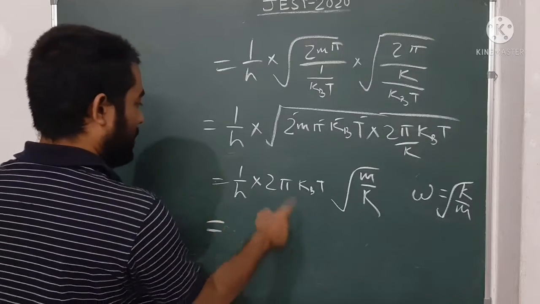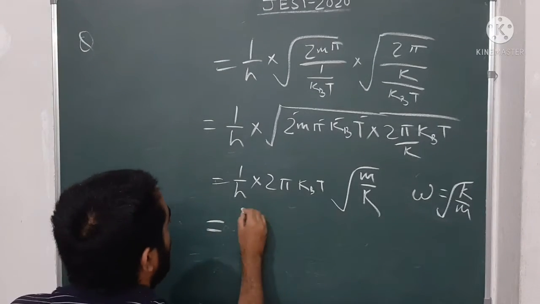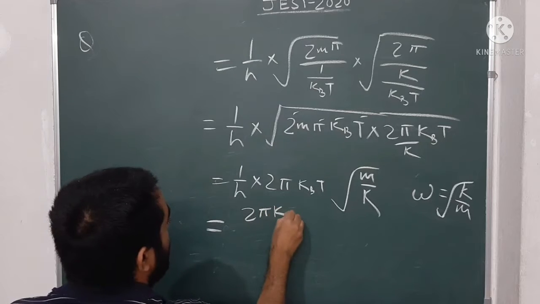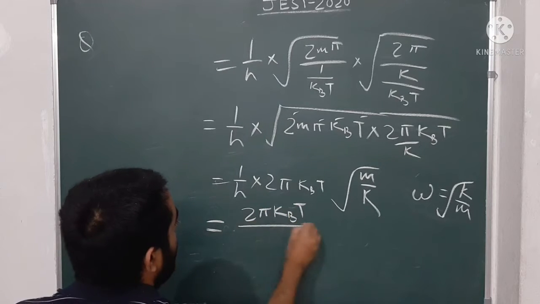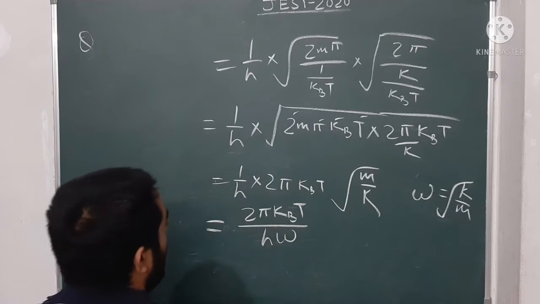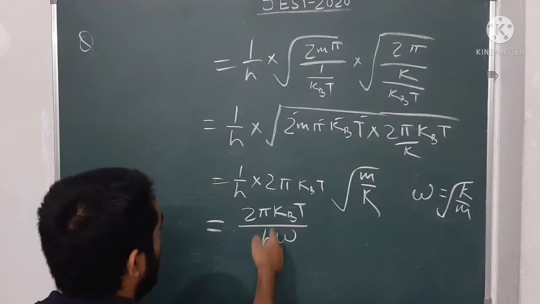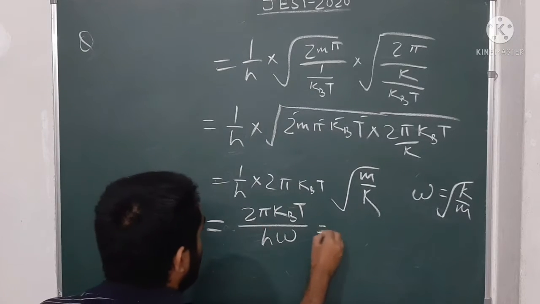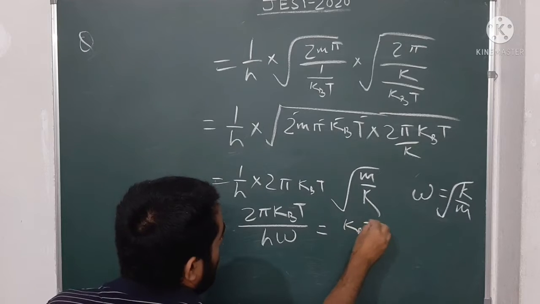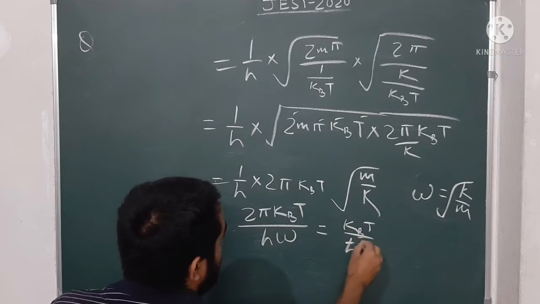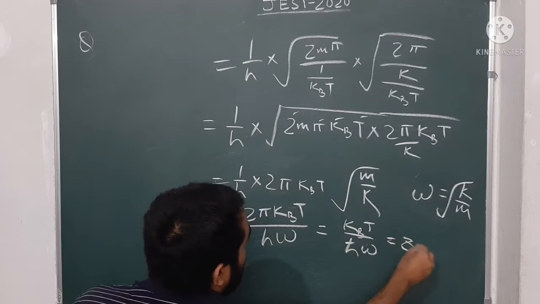So that means this is equal to 2 pi kBT upon h cut omega. You can also write this as kBT by h cut omega. This is the partition function.